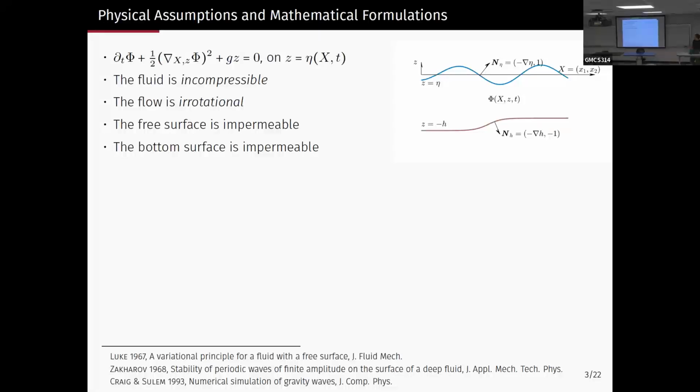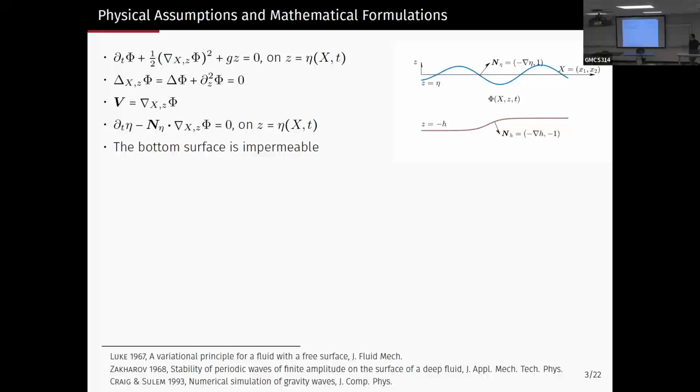The first assumption gives us this equation, which is also called the Bernoulli equation. Phi is the velocity potential, which has to satisfy also the Laplace equation in the entire fluid domain. The velocity of the fluid is given by the gradient of the velocity potential classically, and the free surface condition is written in this way.